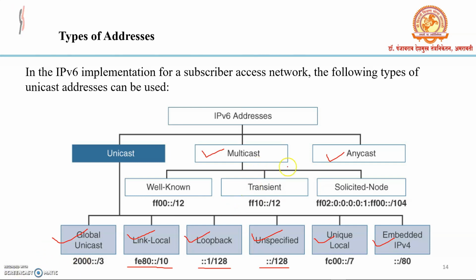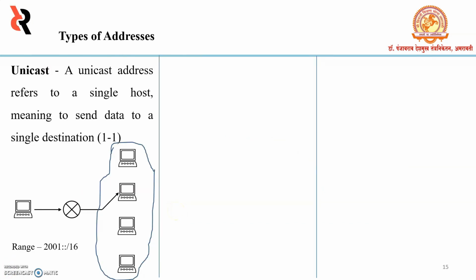Let us see the pictorial view of unicast, multicast and anycast address. As we know, a unicast address refers to a single host, meaning to send data to a single destination, that is one-to-one.